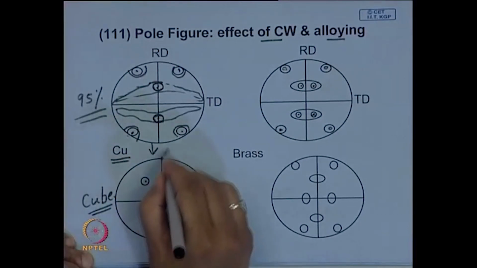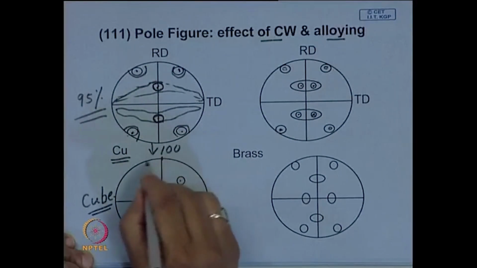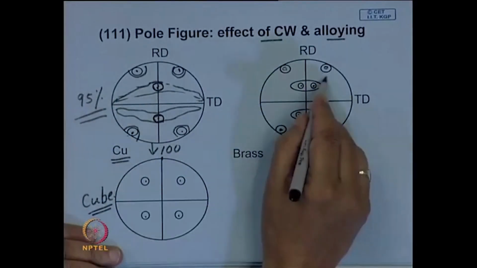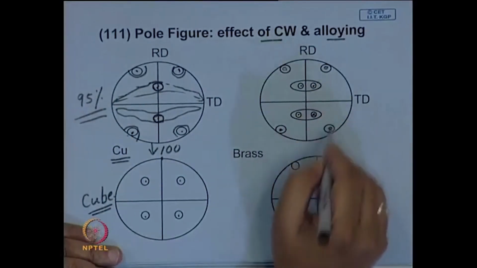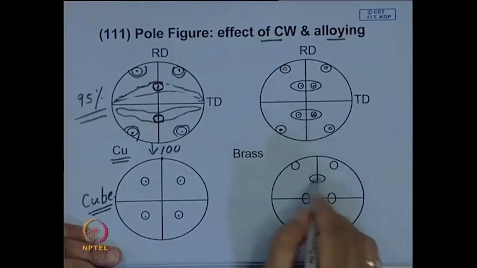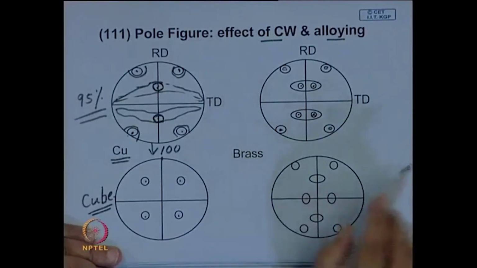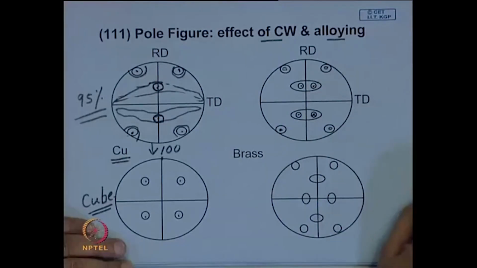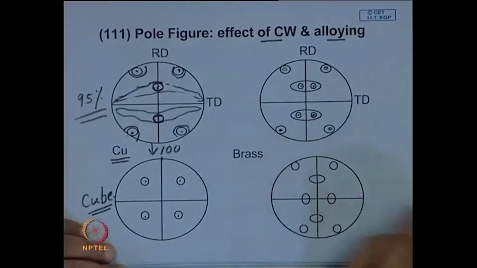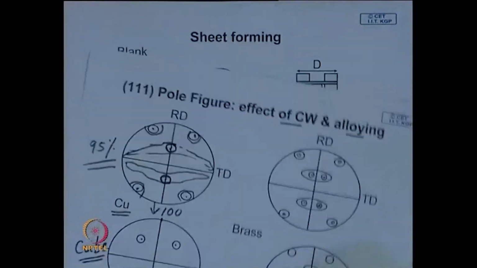That means the rolling direction is 100. If you anneal this cold worked structure, you get a different type. I have just shown a schematic; you should look up the exact textbook to see what a pole figure looks like.